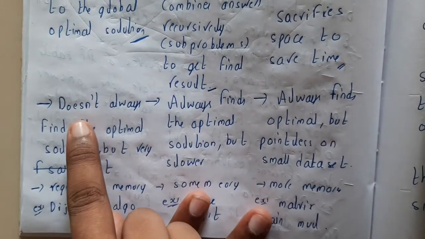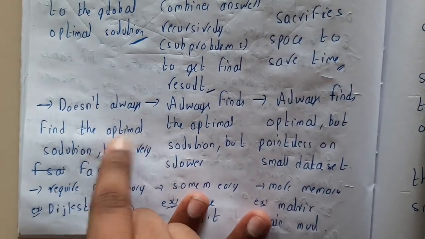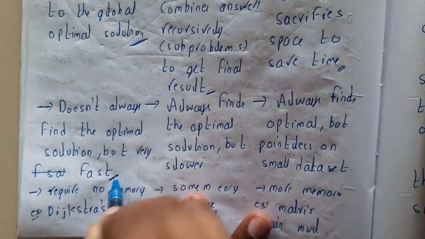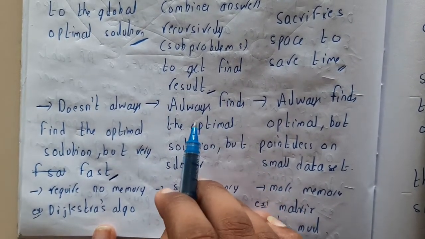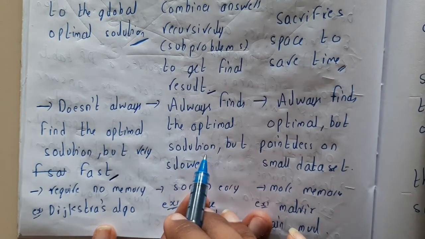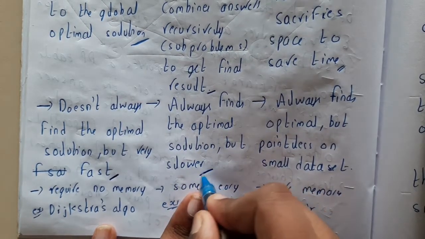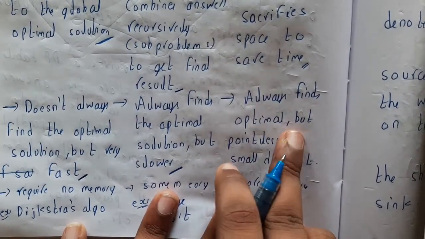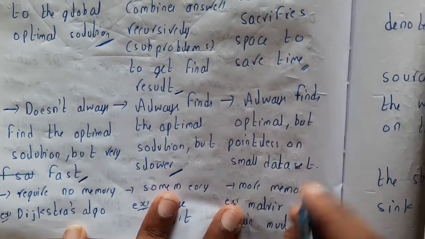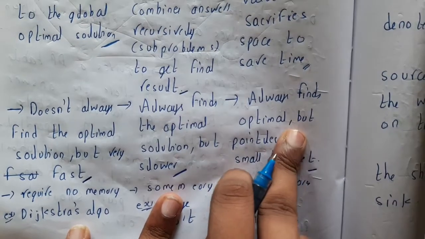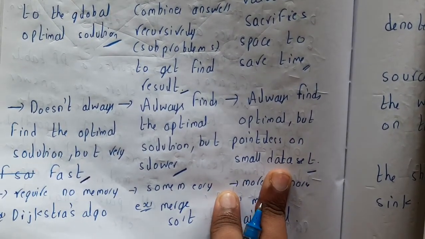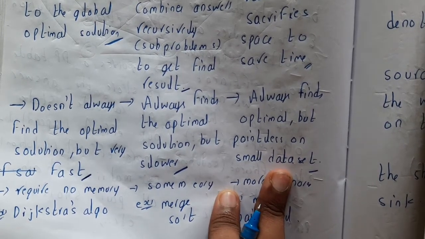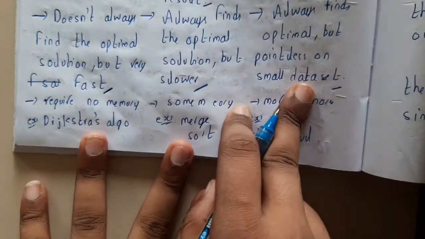In greedy, it does not always find the optimal solution, but it is very fast. Divide and conquer always finds the optimal solution but is slow. Dynamic programming always finds the optimal solution but is pointless on small data. It should be applied only on larger data sets, where there are thousands of records or more.